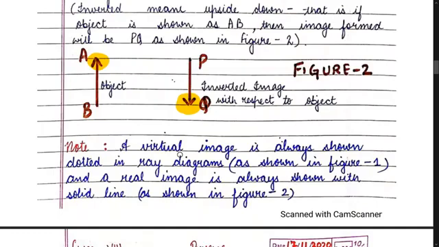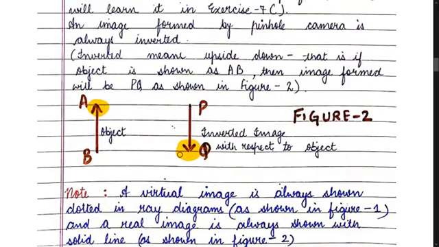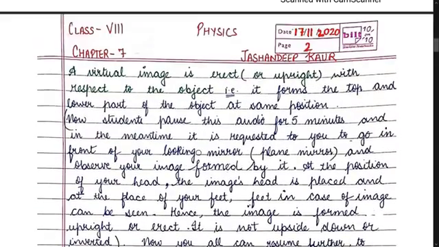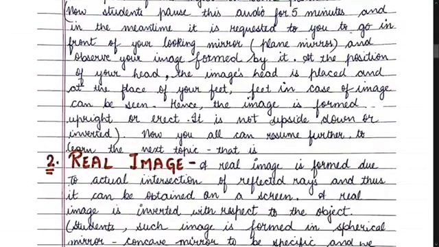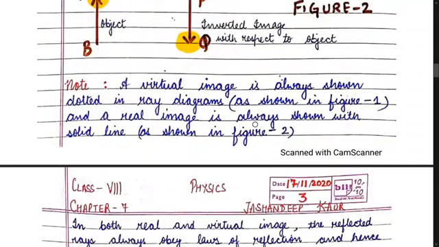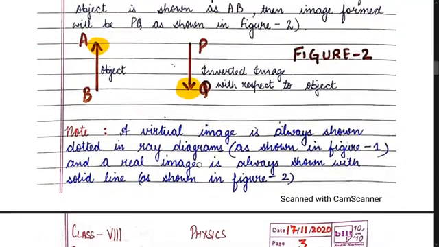Students, kindly note that a virtual image is always shown dotted in ray diagrams, as we have done in figure number 1 when we have shown image PQ. But in case of a real image, the image is always shown with a solid line, as shown in figure number 2.